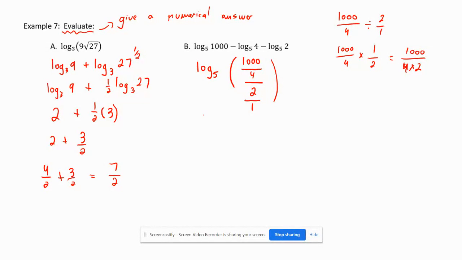So this is the same thing as log base 5 of 1,000 over 4 times 2. 4 times 2 is 8. 1,000 divided by 8 is 125. Log base 5 of 125 equals 3. Okay, so the answer to all this is just 3.